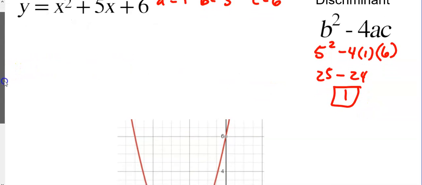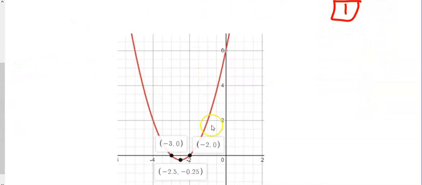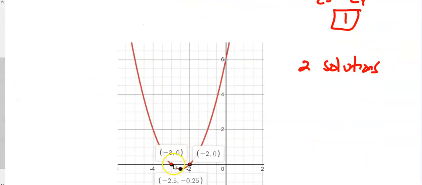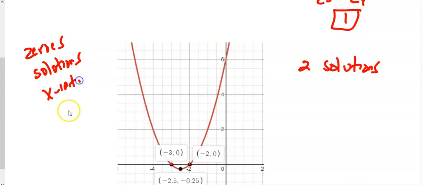So if we look at our graph, we want to notice it crosses the x-axis twice, which means we have 2 solutions as we've touched on before. Notice what those solutions are, because also if you were to factor it, those are all zeros. Remember zeros, solutions, x-intercepts, roots, all of those essentially are the same.